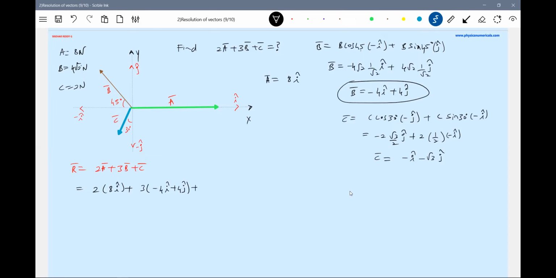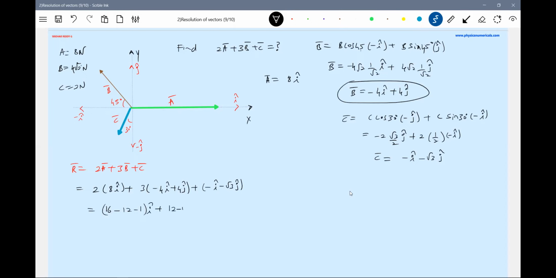C bar is 16 I cap, 12 I cap, minus I cap, plus 4 J cap. All the unit vectors I cap, I'll make it common. 16 minus 12 minus 1. This is I cap.